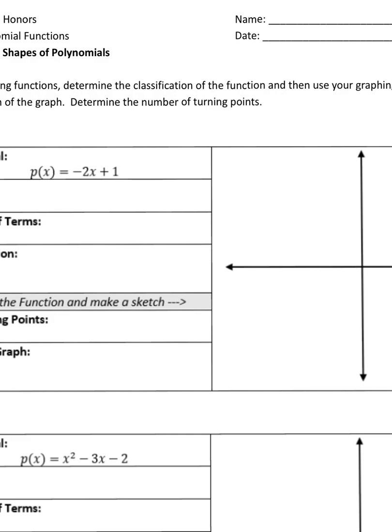Okay, number 1, the polynomial is p of x equals negative 2x plus 1. Okay, so I'm looking at my variable term, and I see that there is no exponent here, so that means an invisible exponent of 1. Not 0.